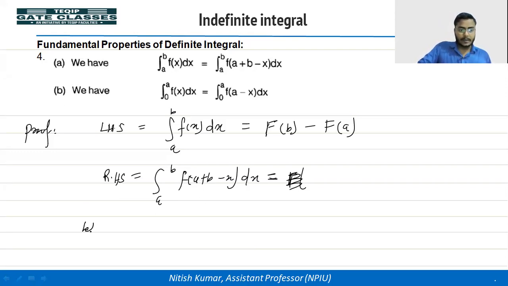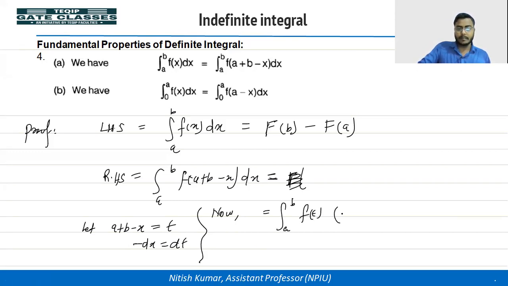So let a plus b minus x is equal to t. Differentiate both the sides, so you will get minus dx is equal to dt. Okay. Now we can write integration a to b f(t) minus dt.